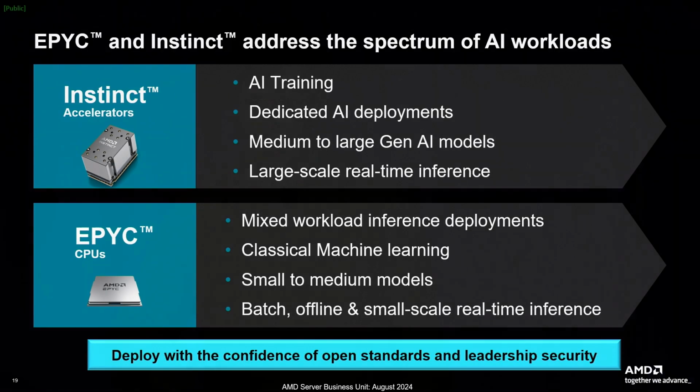And on the bottom side, we're seeing EPYC as a very viable option. It's more pervasive, lower cost, and perfectly viable for small and medium models, things like summarizing meetings, or chatbots, or offline AI scenarios. EPYC is completely viable. And I actually have a couple of data points that we can look at on the next slide, if you don't mind.